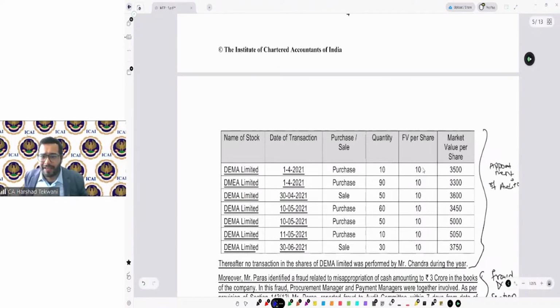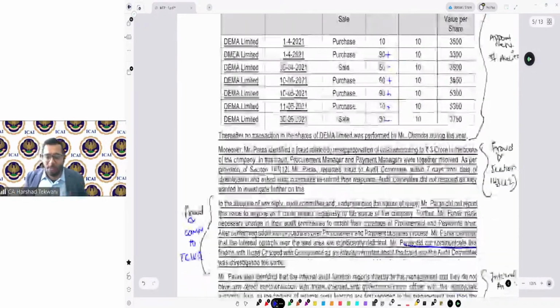The face value is 10, and looking at the quantity, the purchases and sales total out to 220, which reduced gives 140 or 150 shares. 150 shares into 10 is 1500, way less than the 1 lakh limit.